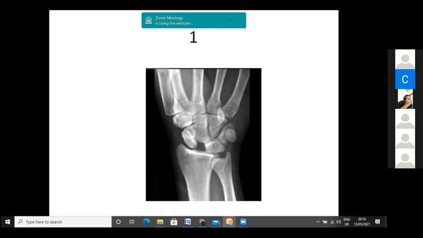I just want to remind everybody, especially the first year and second year guys, scaphoid, lunate, and triquetrum are like three siblings. They hold hands together. The scaphoid takes the entire carpal bones towards the volar side, and the triquetrum lifts the carpal bones towards the dorsal side.